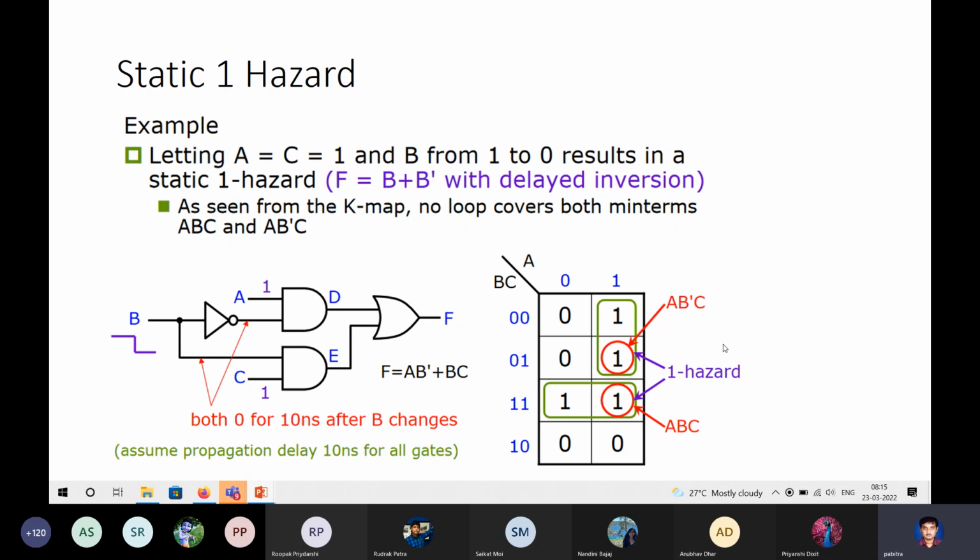What is the product term for that? Just think and tell. We are transitioning, say, 0,1 to 1,1, and A is 1. So the term will be AC.